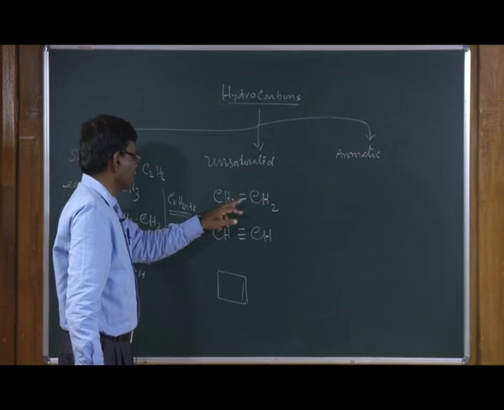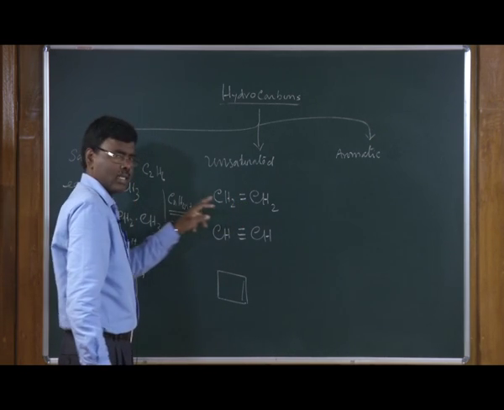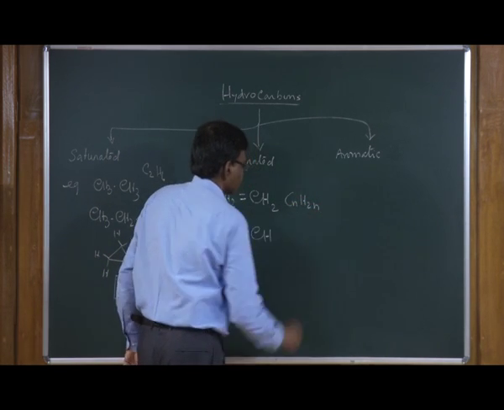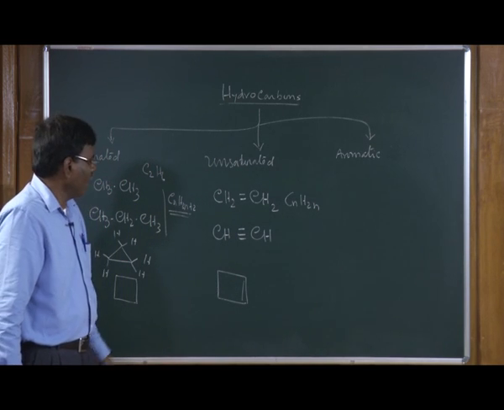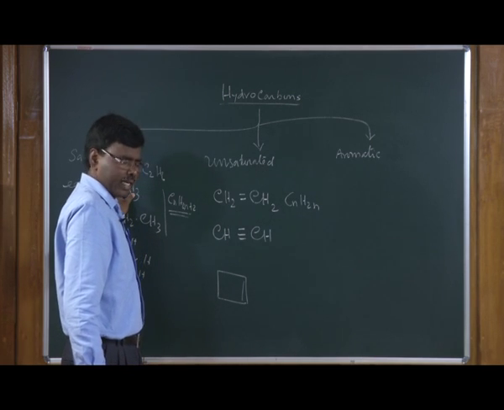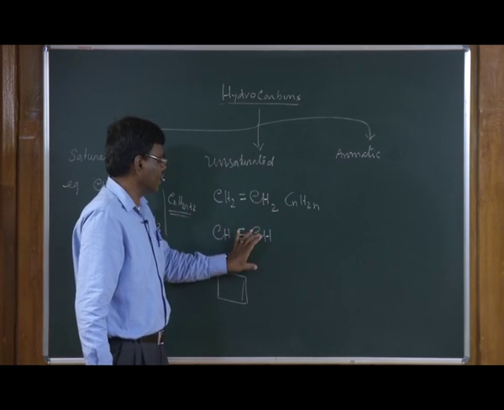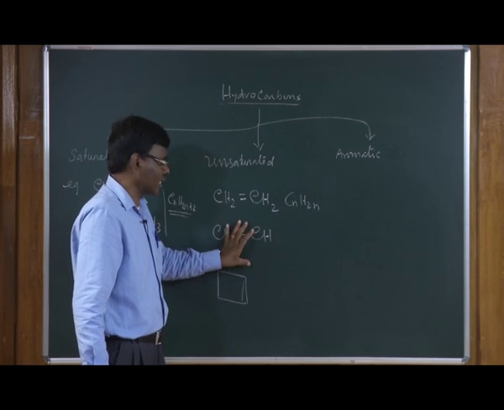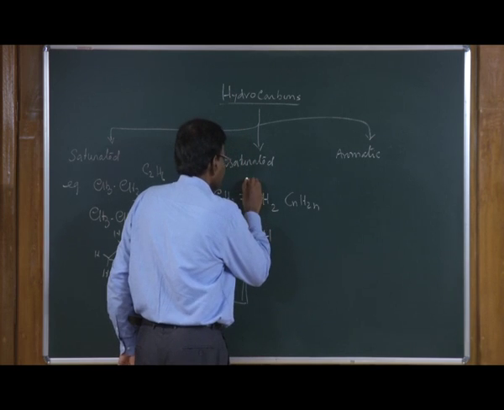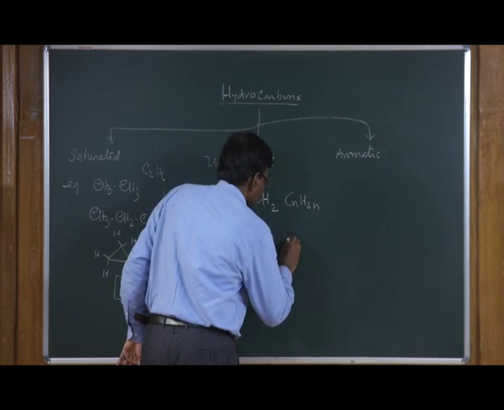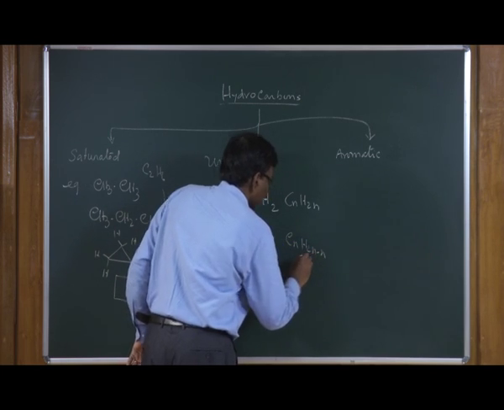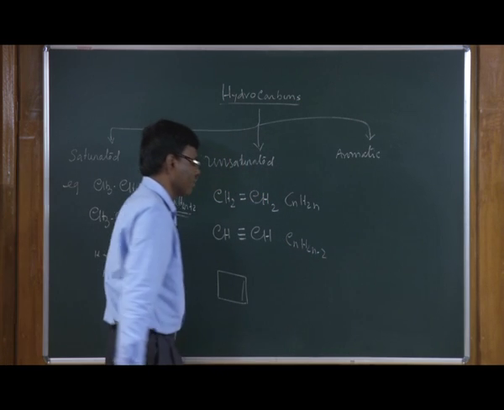If you compare these two, this compound has 2 hydrogens less, and they have the common formula CnH2n. This compound has 4 hydrogens less compared to the alkane, and 2 hydrogens less compared to ethylene. This is the more unsaturated hydrocarbon. This is called ethylene and this is called ethane. They have the common formula CnH2n-2.